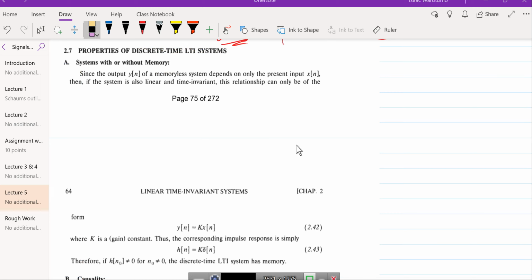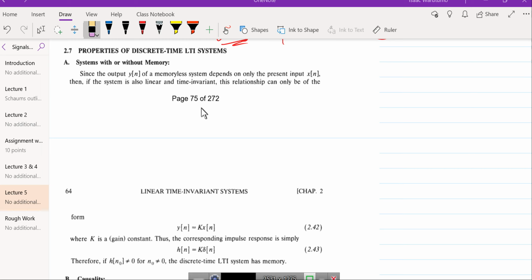So just like we looked at the properties of continuous time LTI systems, we are going to look at the properties of discrete time LTI systems, and we are going to start by finding out if the system has memory or no memory.